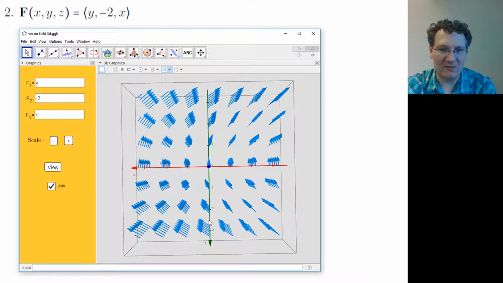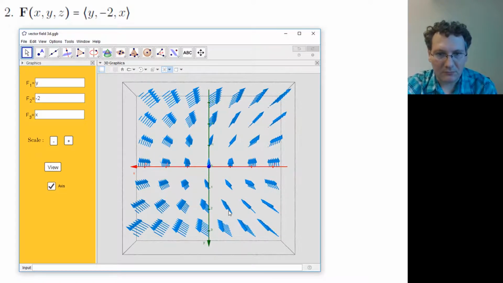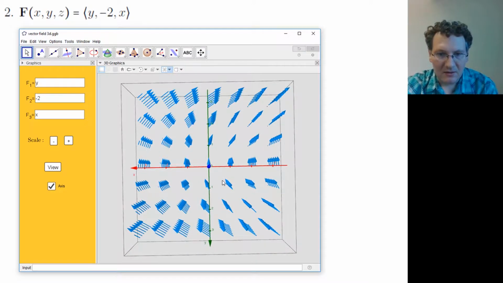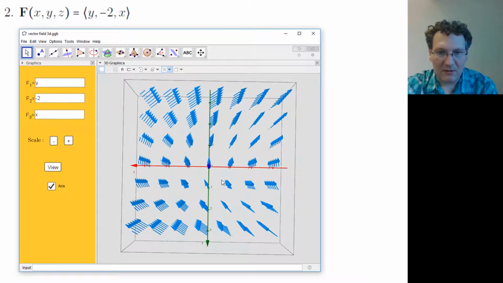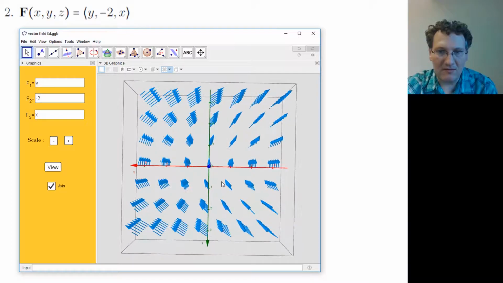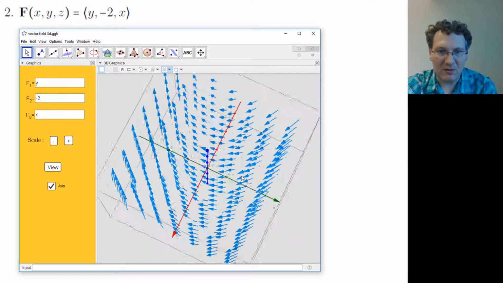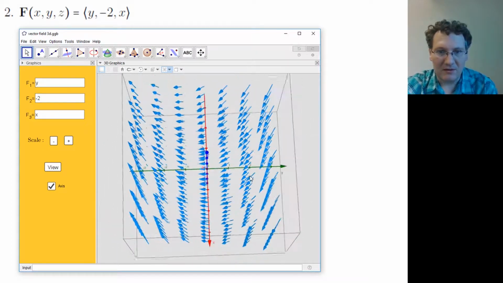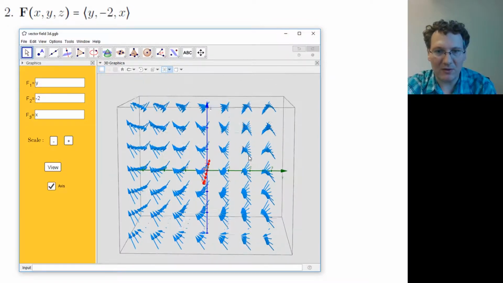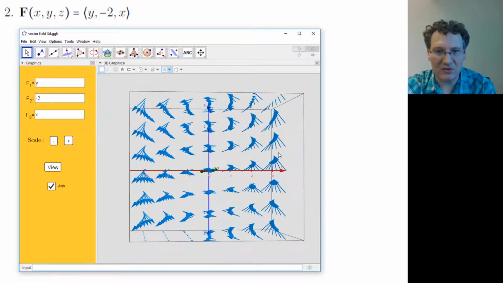So you get these vectors irrespective of the y value, and then the direction.